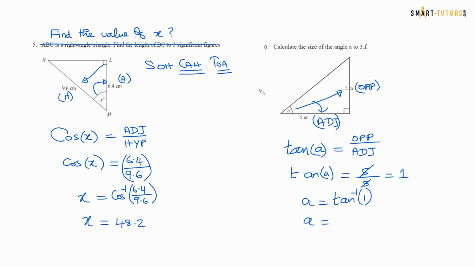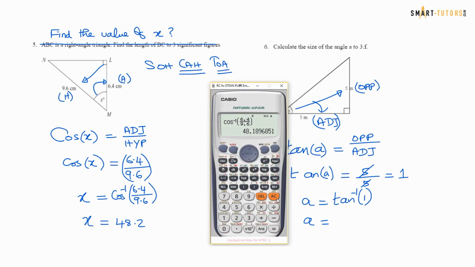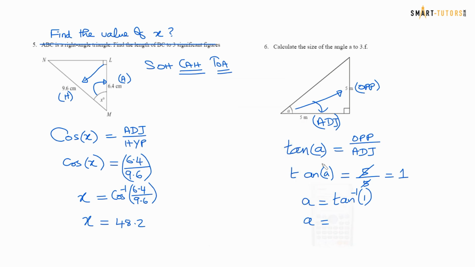If you use the calculator, go for tan inverse, shift and tan, which opens the tan inverse of angle. So you put 1 and close the brackets. That gives 45 degrees. So the angle A is 45 degrees.